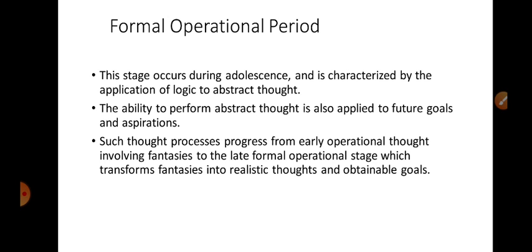Okay, such thought processes progress from early operational thought involving fantasies to the late formal operational stage, which transforms fantasies into realistic thoughts and obtainable goals. Okay, this is about the formal operational period.